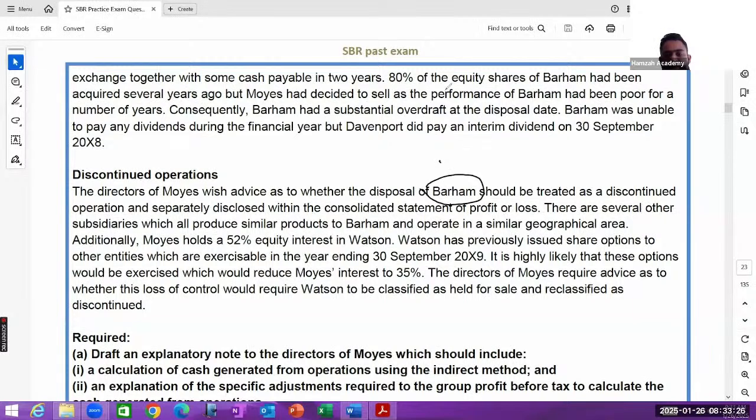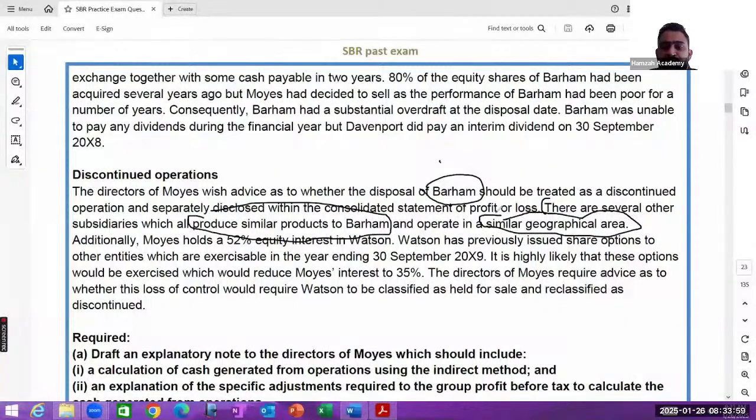And dear students, if you read the case study carefully, you can refer to a point from the case study in your answer. And that is, you have several other subsidiaries which are dealing in a similar product to B, and they're operating in a similar geographical area.